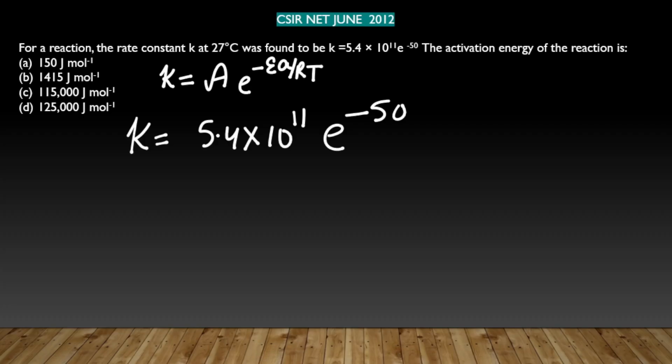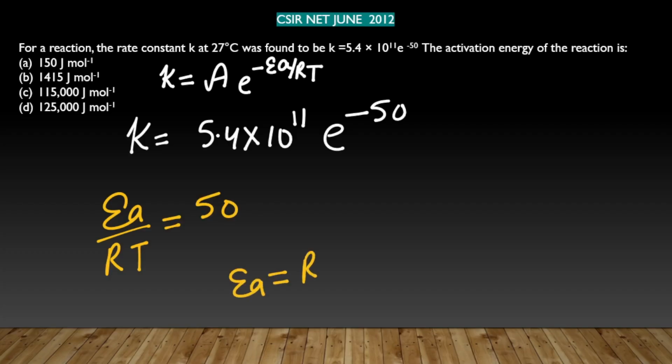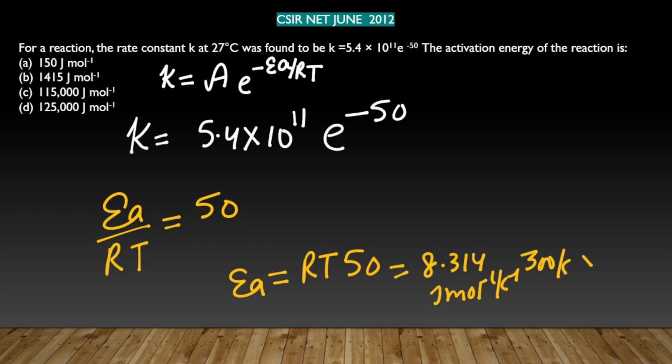So just compare these two equations. You are getting Ea upon RT equal to 50. We have to find the activation energy. So Ea will be equal to RT into 50, which is equal to 8.314 joule per mole per Kelvin into the temperature, which will be 300 Kelvin, and this is 50.